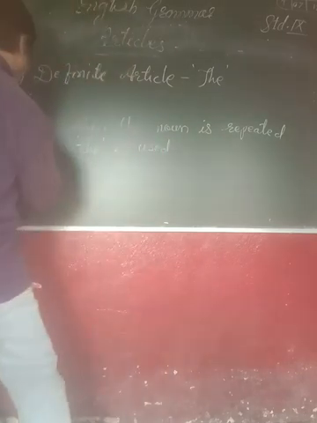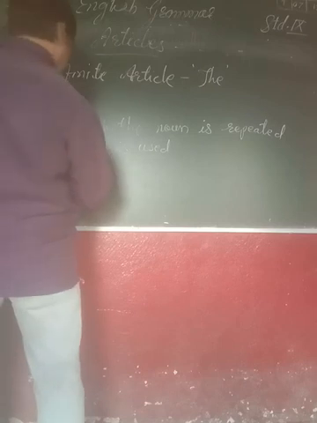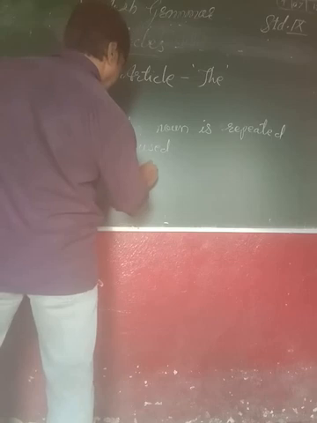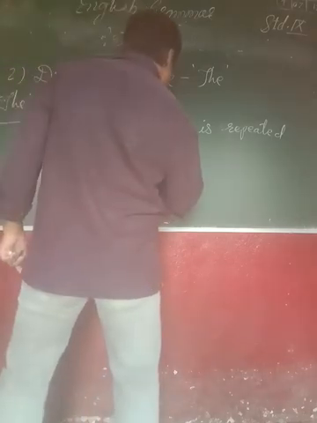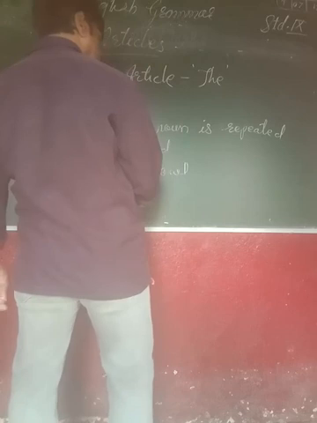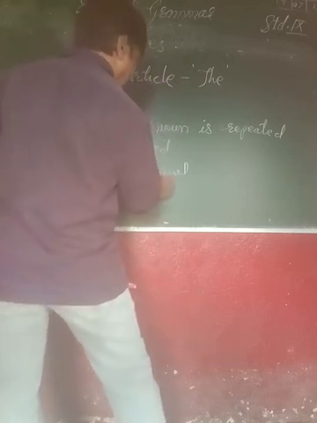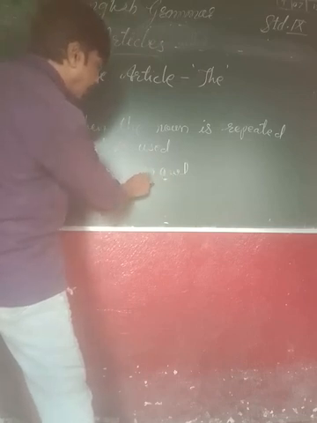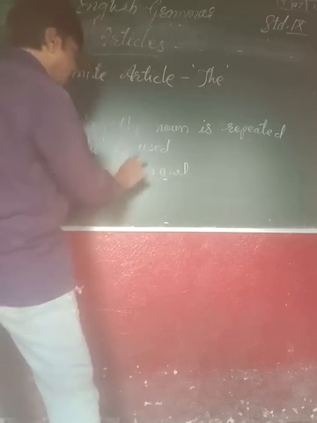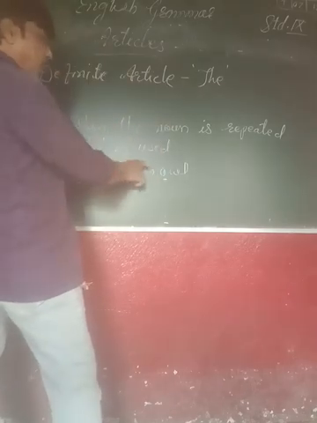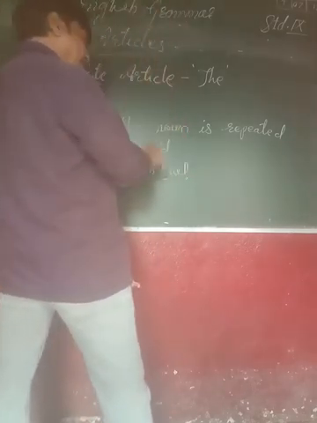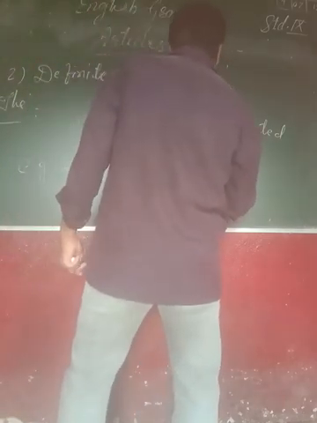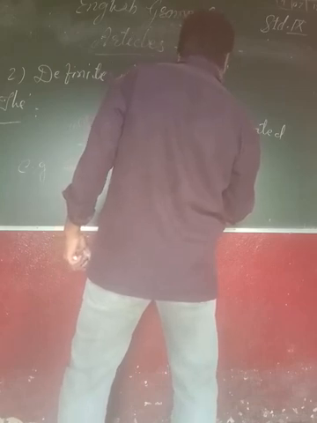One example I am going to give you: I saw an owl. Okay? I saw an owl because look here, owl begins with O. So "an" is taken here because it is singular. I saw a single owl. But when the same word is repeated, that time "the" is taken, to show its particularity. That particular owl.